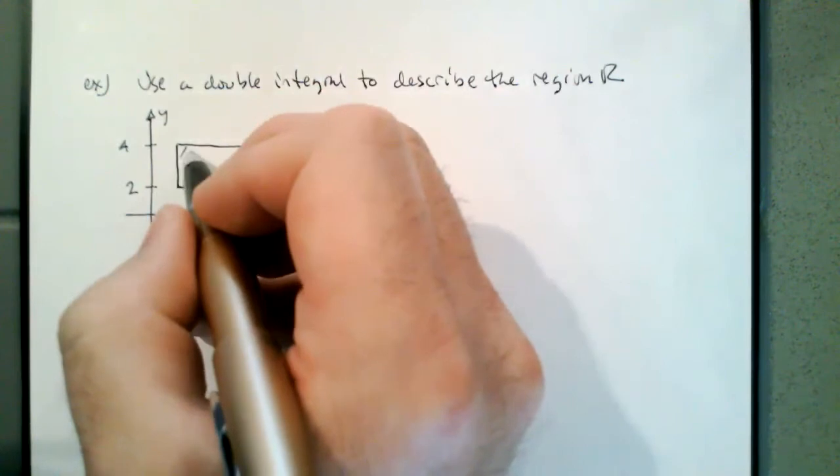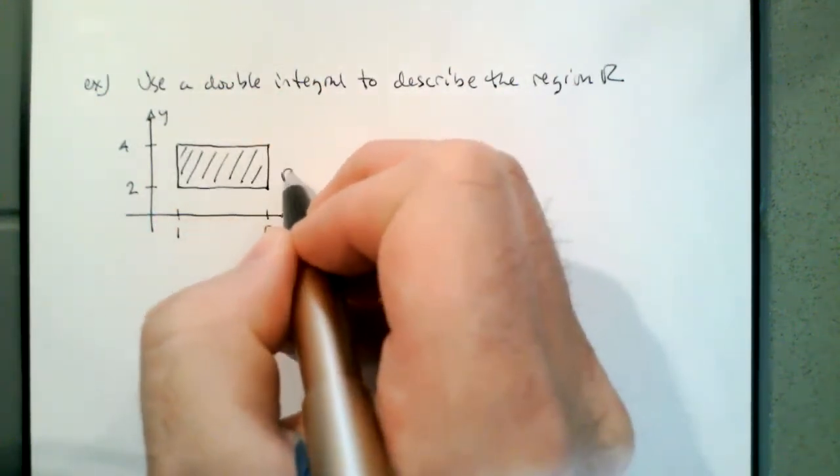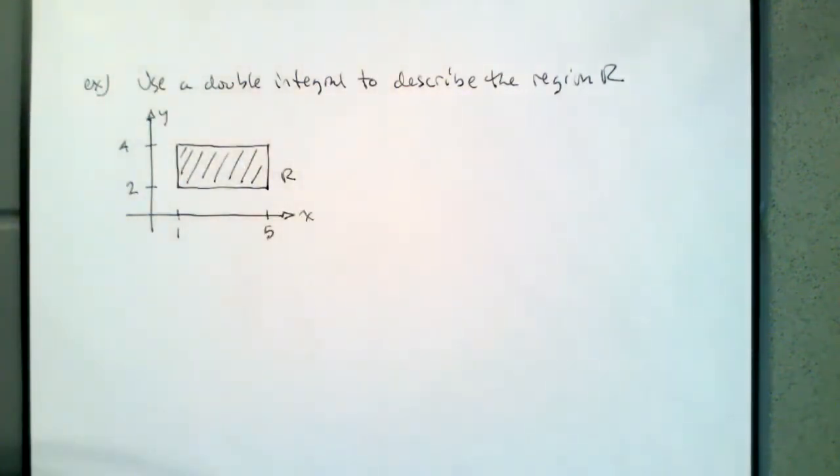This is the region R. The way we're going to describe it is to say what X falls between, and then what Y falls between.